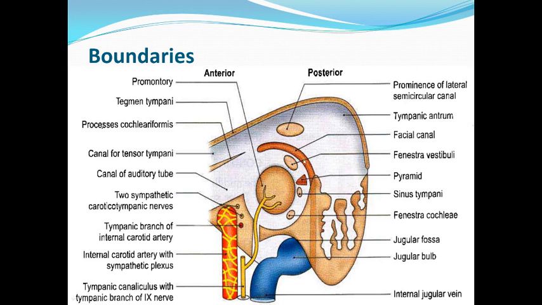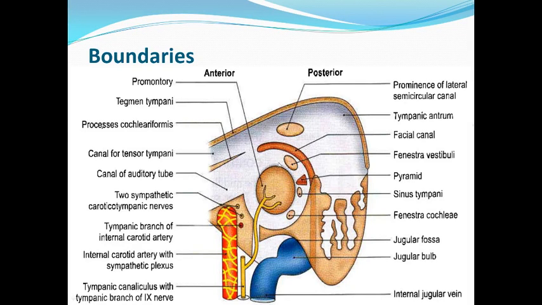Now going on to the medial wall. This medial wall separates the middle ear cavity from the internal ear, and basically it has this round bulging structure known as the promontory. You can see this round bulging structure labeled as promontory, and this promontory is produced by the first turn of the cochlea.